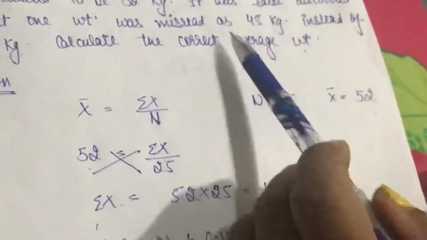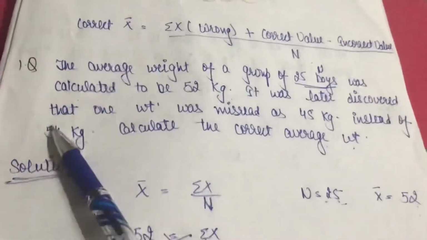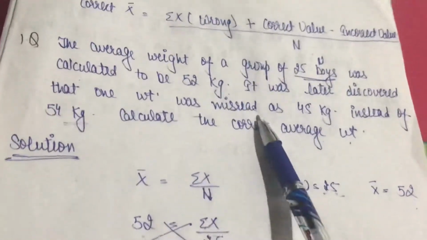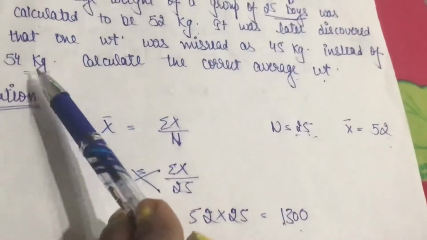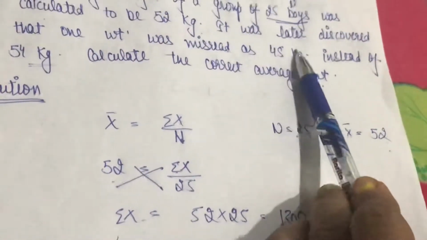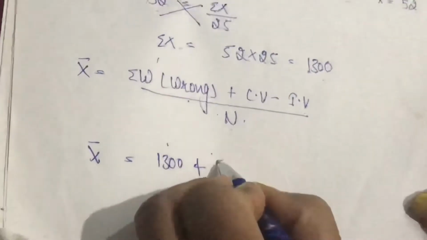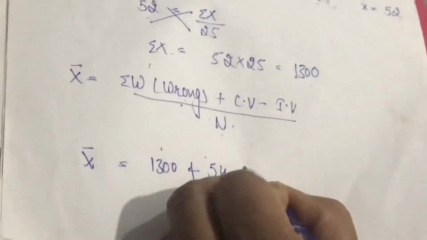Corrected value, just check the numerical. It was later discovered that one weight was misread as 45 kg instead of 54 kg. It means corrected value is 54 and incorrect value is 45.